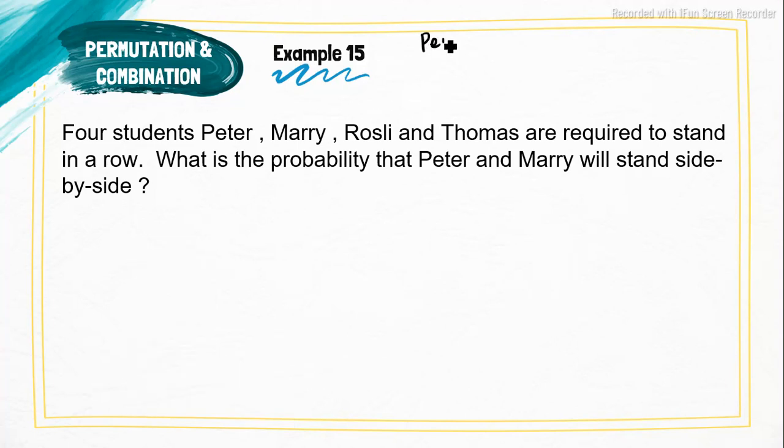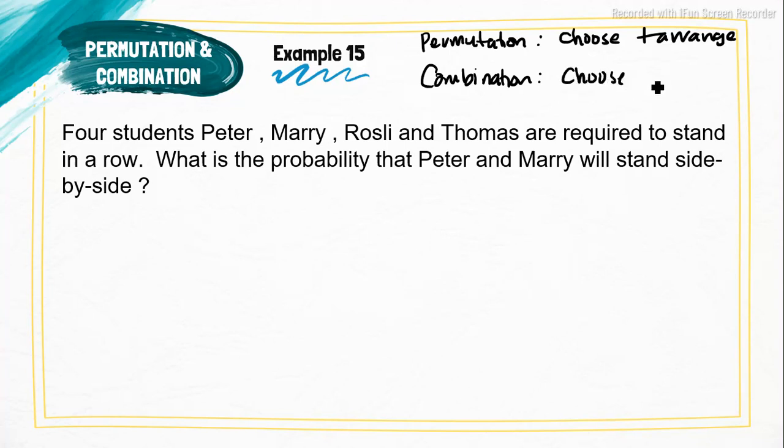Untuk permutation, kita akan gunakan permutation kalau soalan suruh kita choose and then kita arrange, ataupun ada soalan ranking ataupun soalan in order, tu semua kita kena guna permutation. Kalau combination, kita recall balik, kalau kita choose only, tanpa ada syarat apa-apalah. Okay, so now you have Peter, you have Mary, and you have Rosalie and Thomas are required to stand in a row.